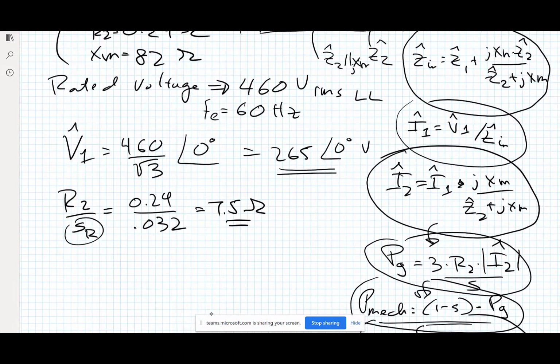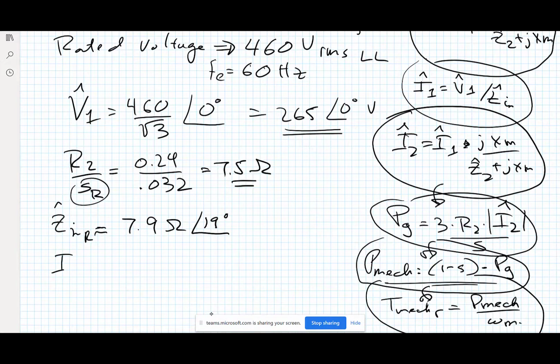And so the Z in under rated conditions ends up being 7.9 ohms, and the angle of that impedance is 19 degrees. To find the output torque, I only care about the magnitude, but I could also find the input power factor if I want.